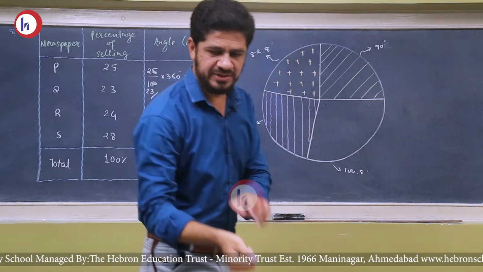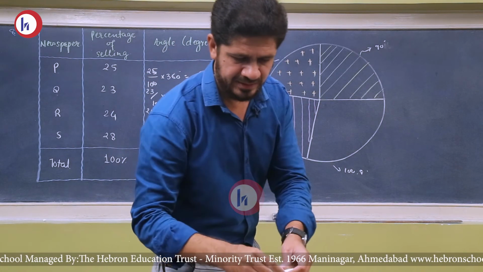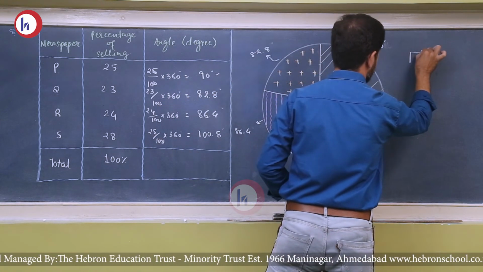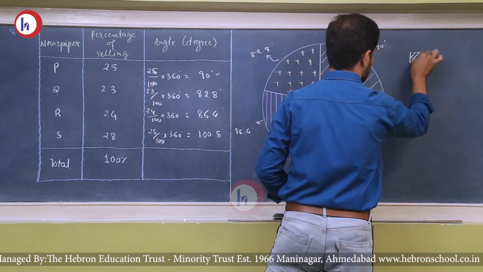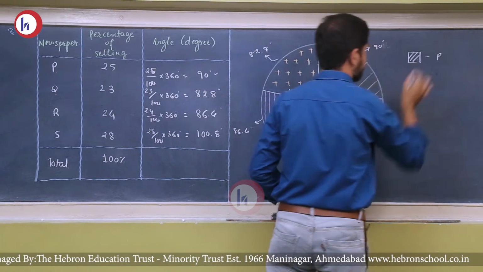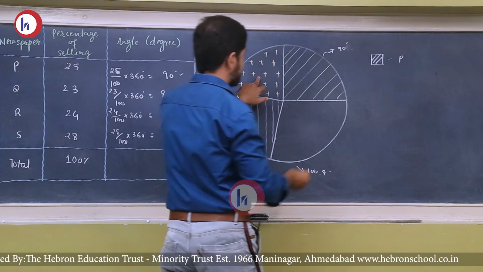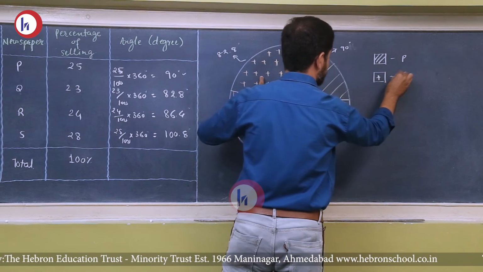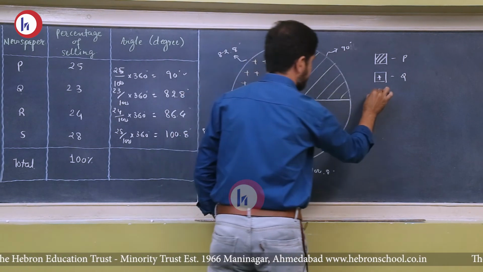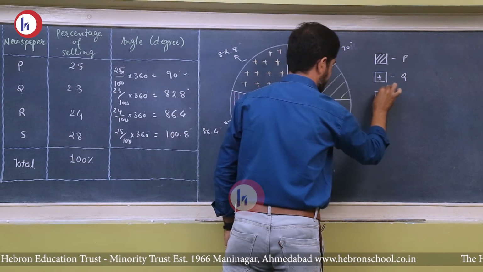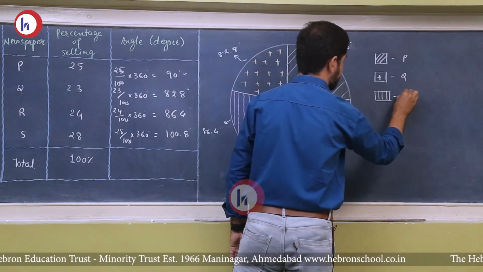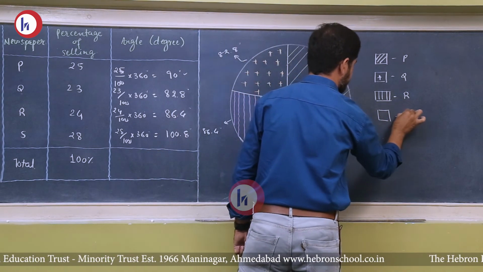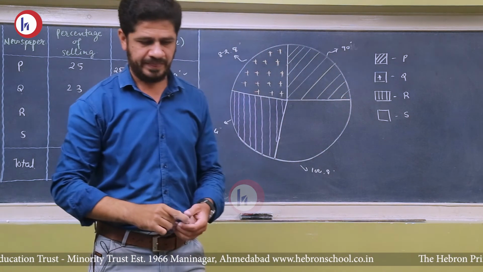Okay, let's represent them on the right side of the graph. The first one, that has a cross line, it is representing newspaper P. Second one, which has a plus sign, is representing Q. Third one, that has a vertical line, it represents R. And finally, the blank box representing S.